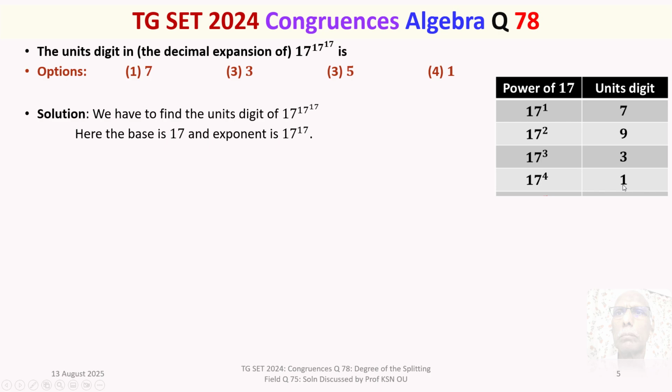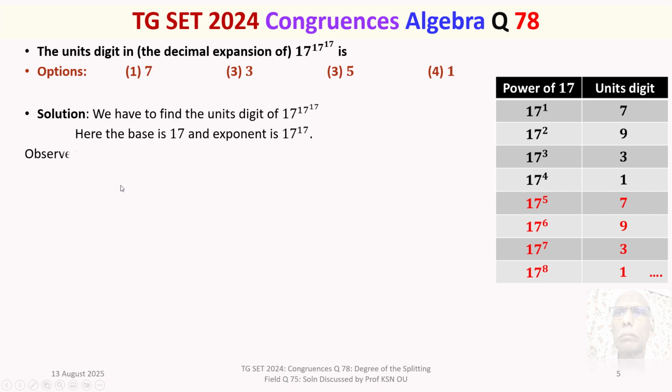From there onwards, these units digits get repeated. So observe that the units digits form a cycle 7, 9, 3, 1 of length 4.